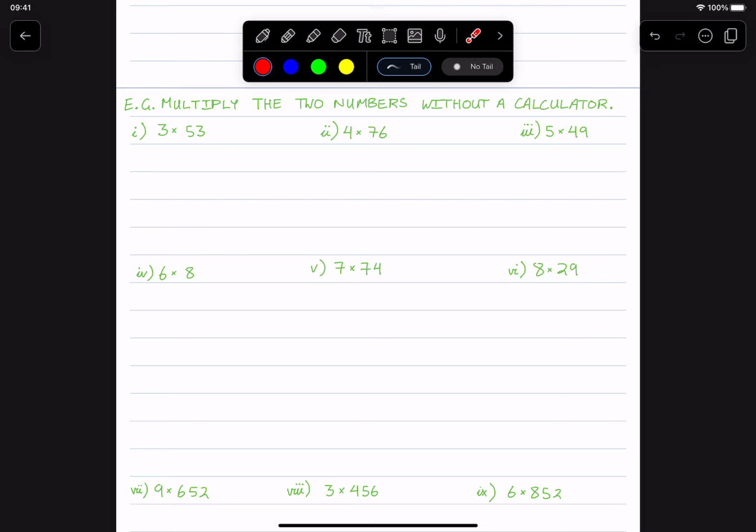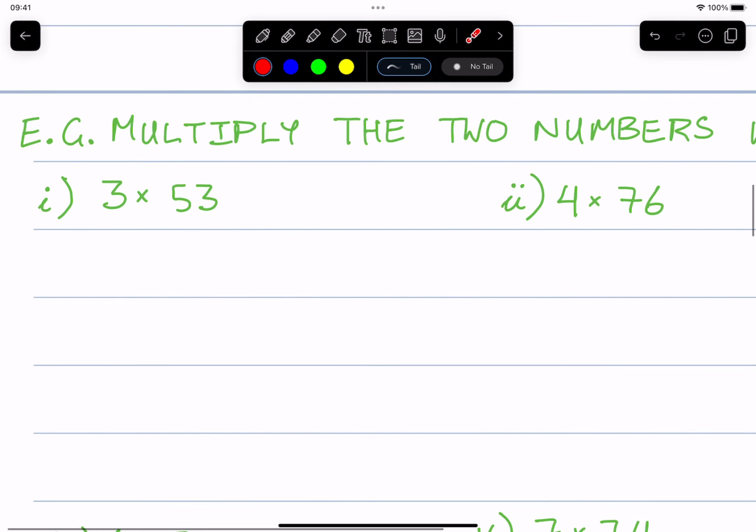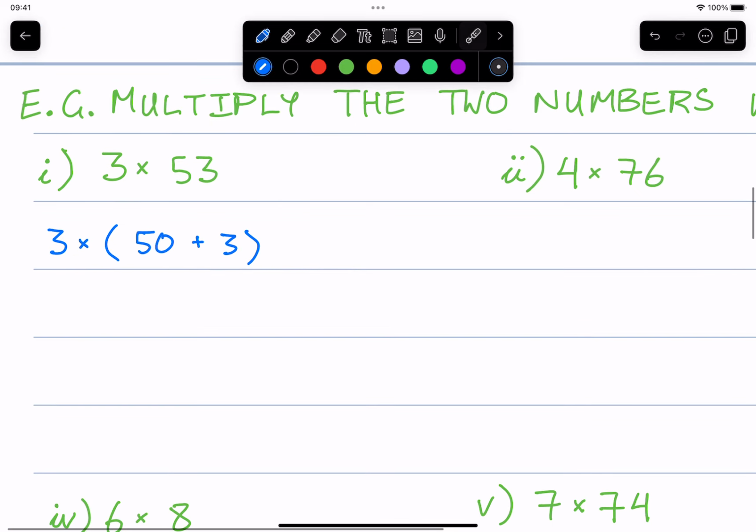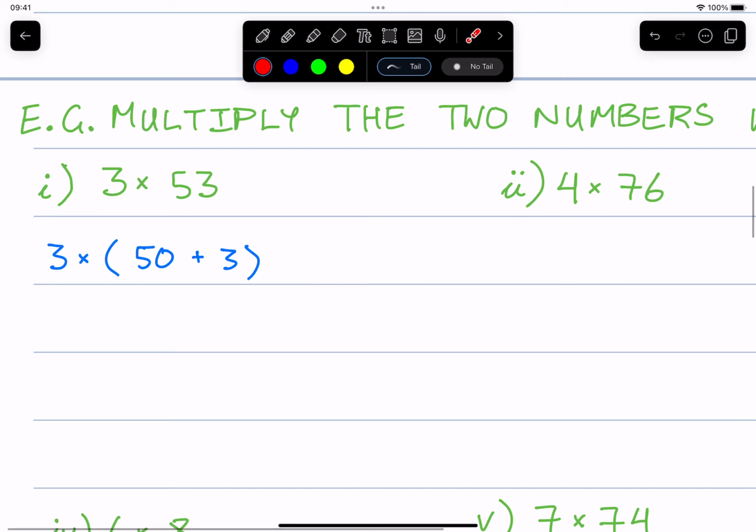All right, so when it comes to multiplying these, I imagine this as 3 times, and instead of 53, it's going to be 50 plus 3. And we're going to multiply each of these one at a time. So 3 times 50. Well, because of this, we can do 3 times 5, which is 15.